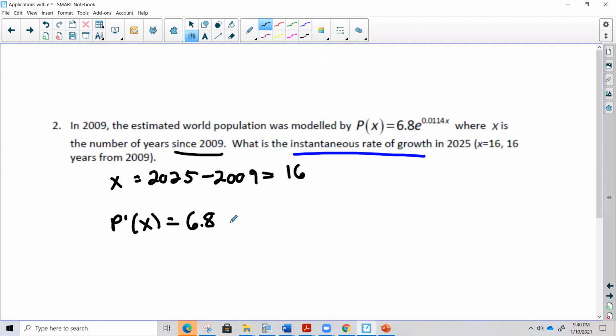The derivative of e is itself. You keep the exponent the same, and then you multiply by the derivative of the exponent, which is 0.0114. And then I'm going to multiply the 6.8 by the 0.0114 to simplify it.